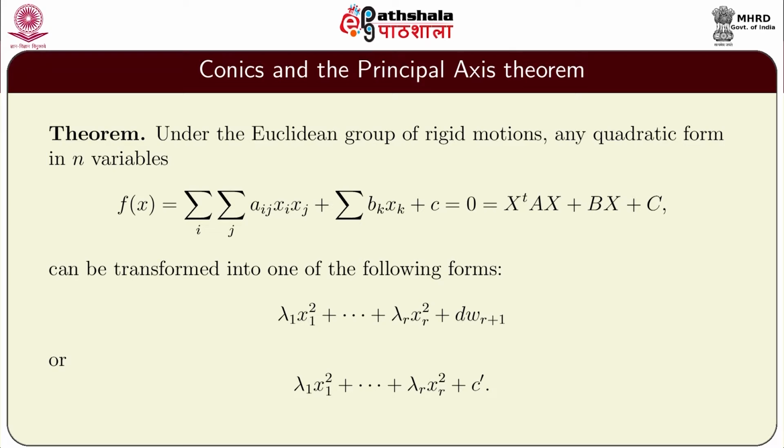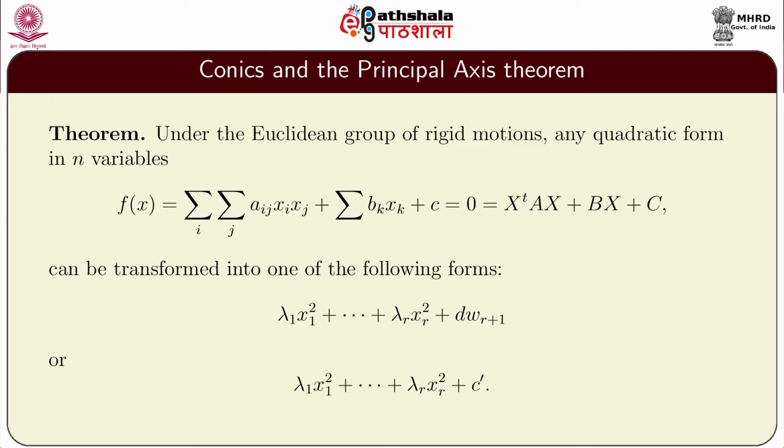Under the Euclidean group of rigid motions, any quadric in n variables can be transformed into one of the following forms: λ1 x1^2 + ... + λr xr^2 + d w_{r+1}, or λ1 x1^2 + ... + λr xr^2 + c'. Here λ1, ..., λr, d and c' are constants, and x1, x2 and so on up to xr and w_{r+1} are the new set of variables which we use to put that quadric into this form.